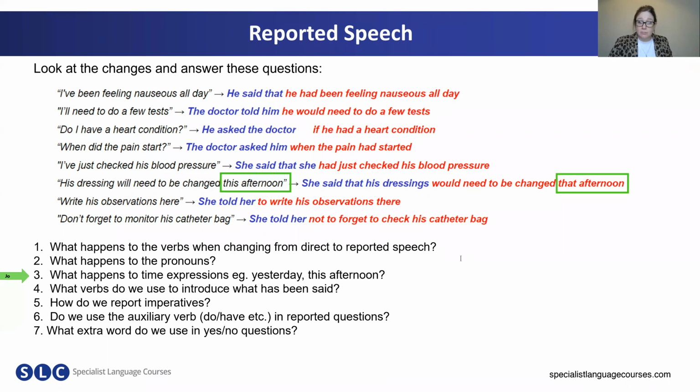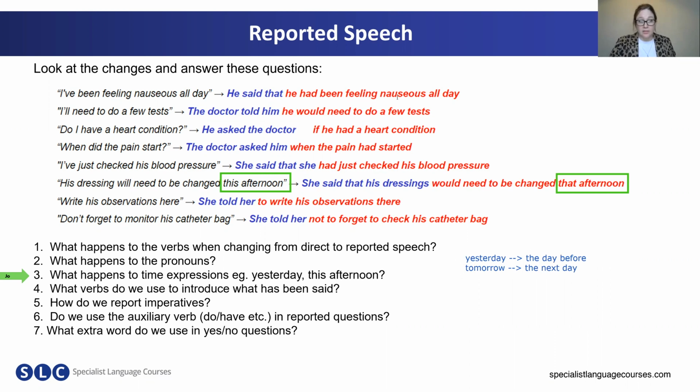Yesterday changes to the day before or the previous day, and tomorrow changes to the next day or the following day.